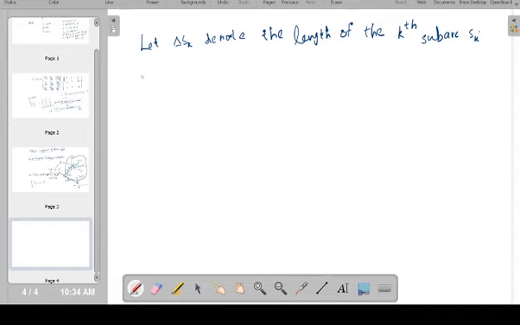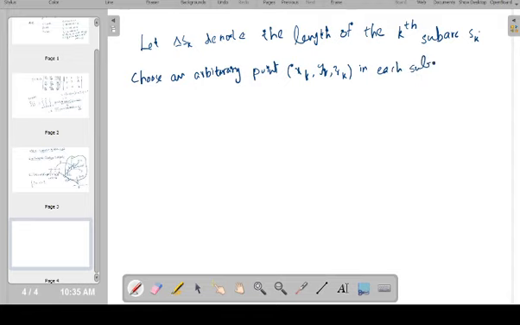Now let us choose an arbitrary point xk comma yk comma zk in each subarc sk, with k running from 1 to n, let us say. That means the total number of subarcs is n.